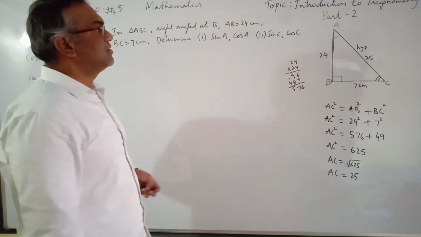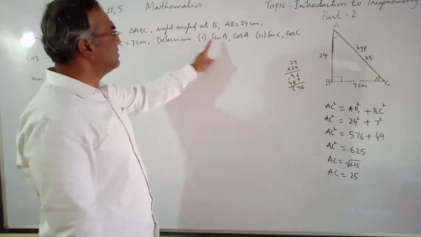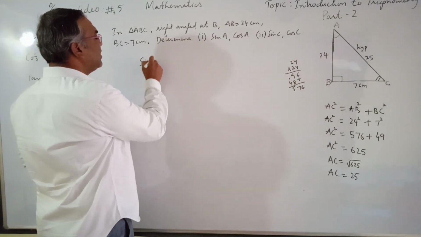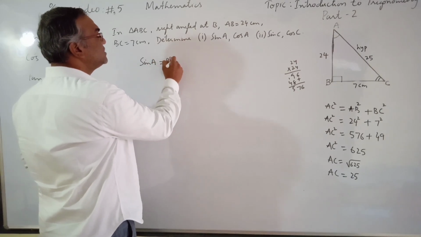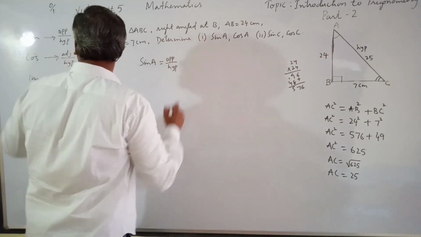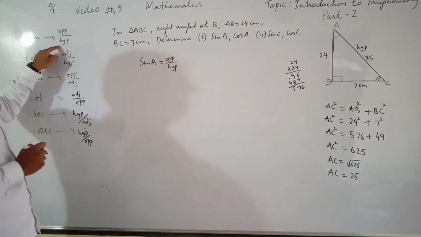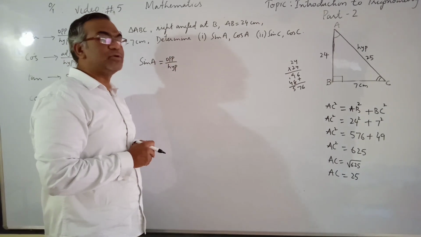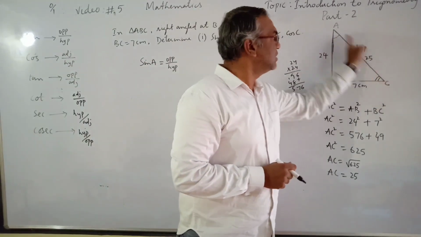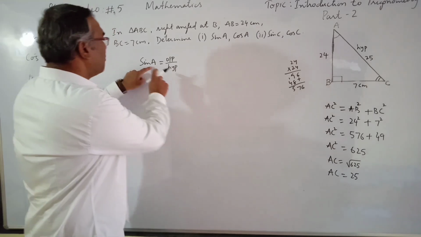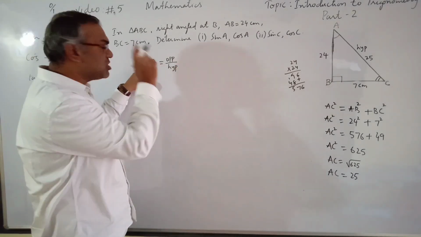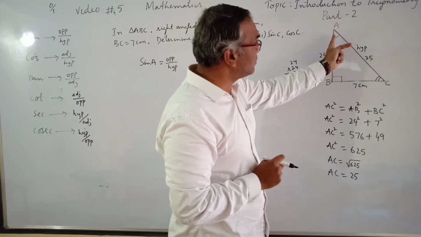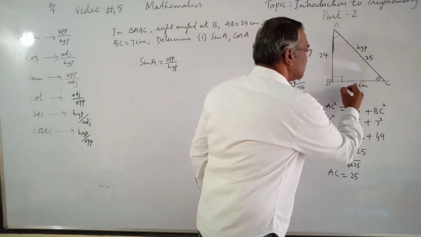Now, let's find the value of these. We will determine sine A. We all know that sine is opposite divided by hypotenuse. So sine A is opposite divided by hypotenuse. Now the question comes, which is opposite and which is hypotenuse? Hypotenuse is fixed, opposite to 90 degree. The side which is opposite to angle A, this is angle A here, will be opposite.